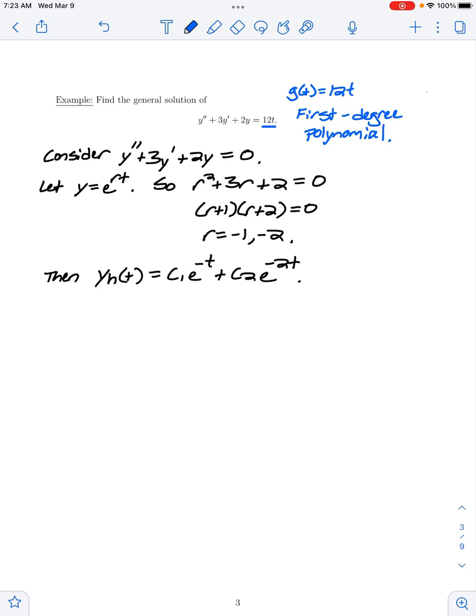So let's consider a particular solution that would have that same general form.